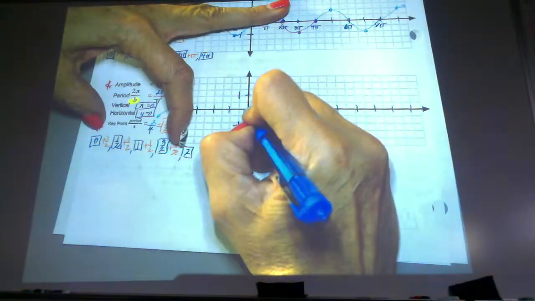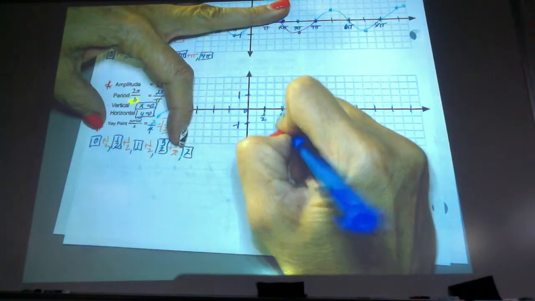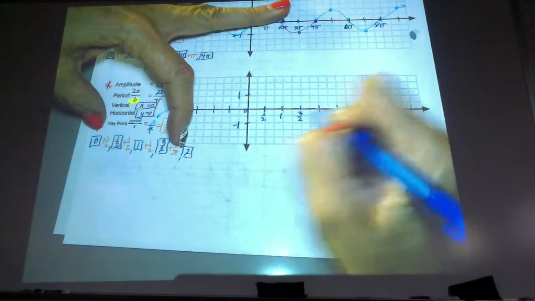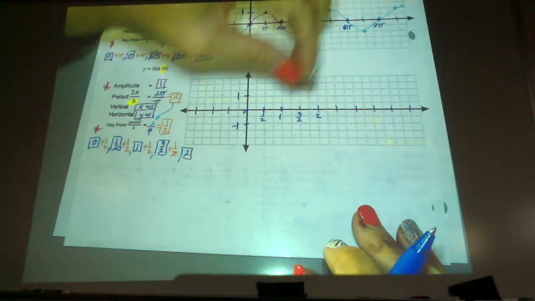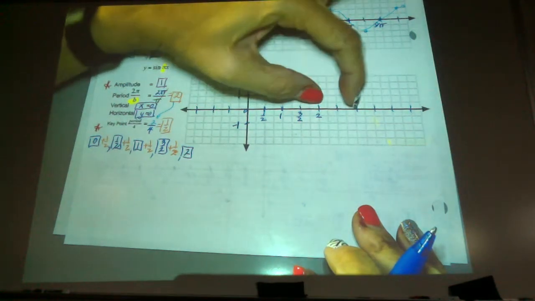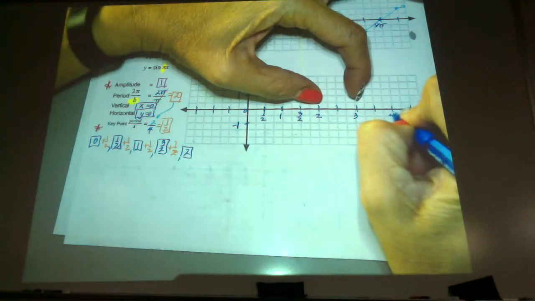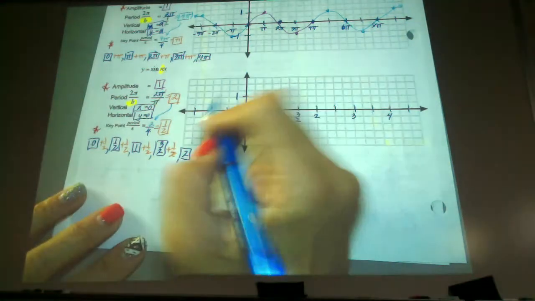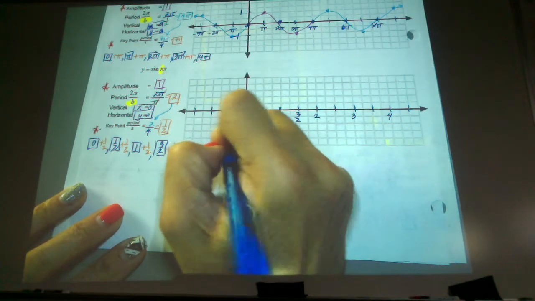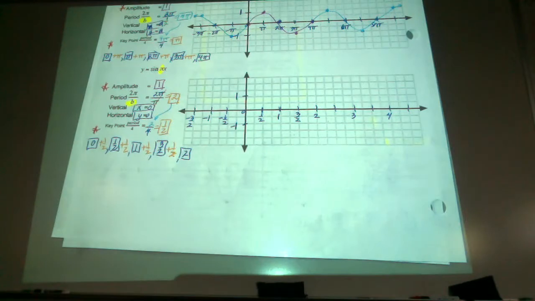There's no pi's in this one, so we have 0, 1/2, 1, 3 halves, and 2. So if every other increment is 1/2, and if I go by 2 increments, it's 1. So this will be 3 and 4. And then on the left, negatively, I like to label as much of a full period as I can.